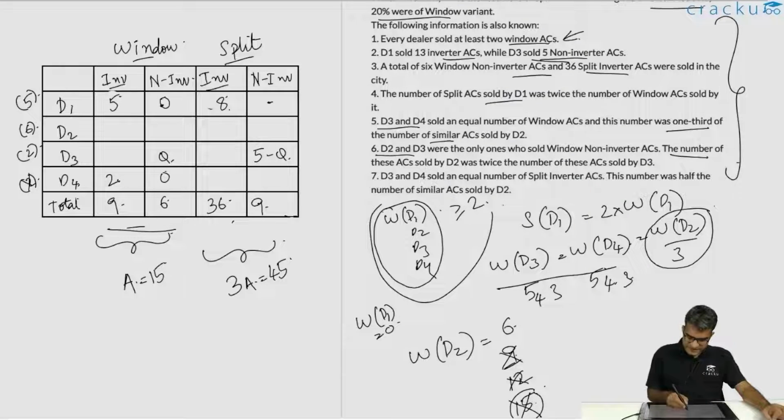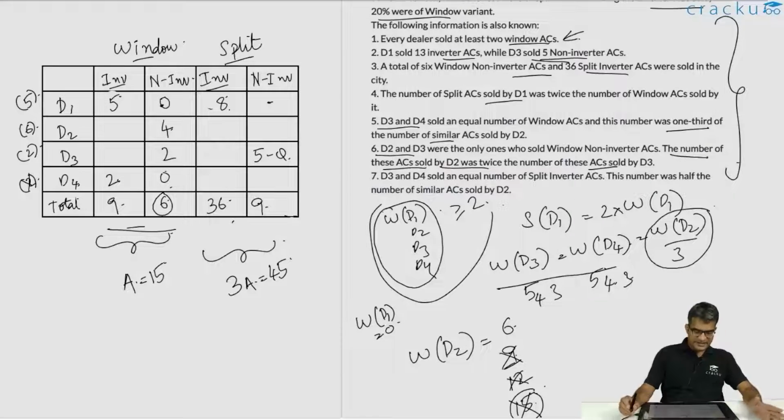The number of these ACs sold by D2 was twice the number of these ACs sold by D3. The total number of non-inverter ACs sold by D2 and D3 of window variant is 6. If D2 sold twice that of D3, this has to be 4, and this will have to therefore be equal to 2.